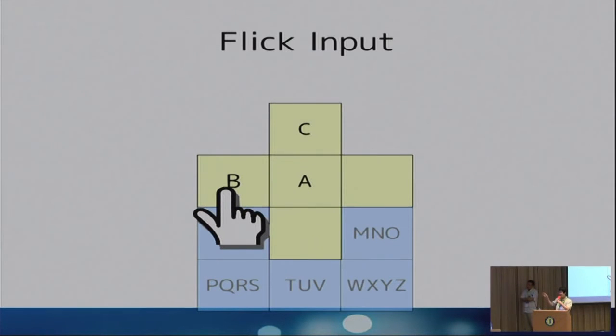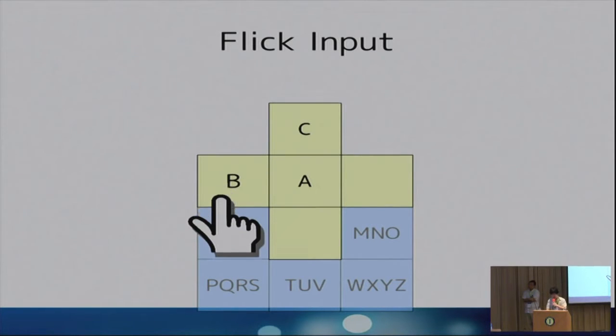So this time the user moves the finger to the left and leaves the finger, and then B is entered. This is an overview of flick input.